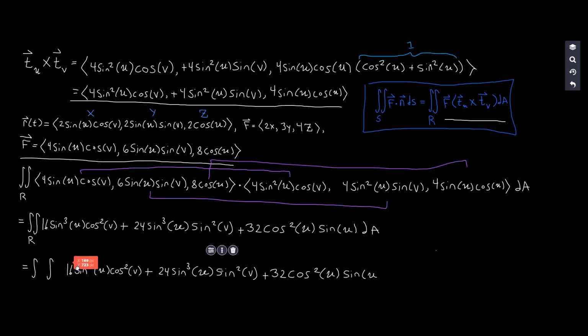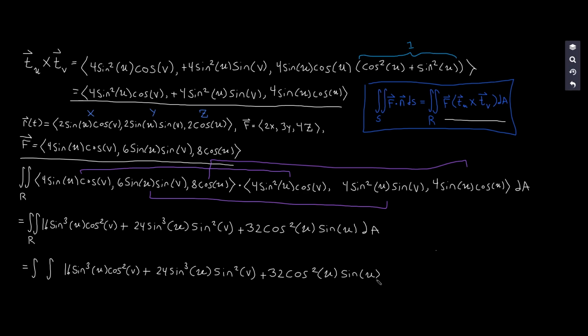I'm going to try to explain this the best that I can. First, I'm gonna write it in and then let me explain. The first integral is gonna be from 0 to pi, and the second one is going to be from 0 to 2 pi.